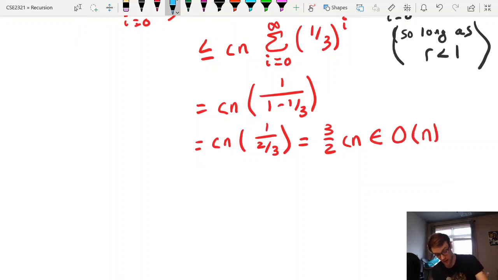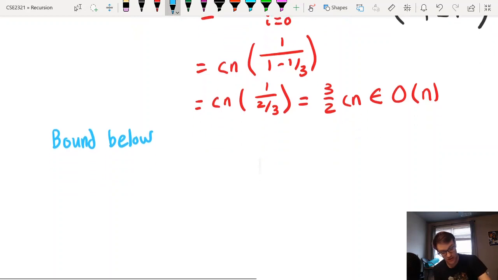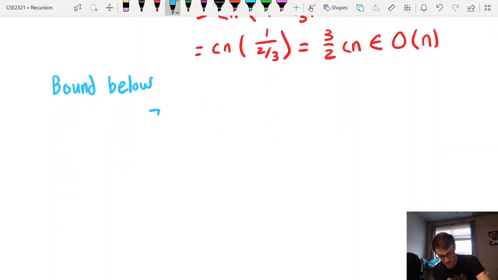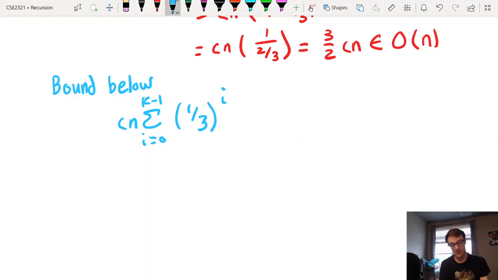We need to bound it below. To do that, we take the sum from i equals 0 to k minus 1. Maybe we even start with the cn out front and write it as a third to the i to save ourselves some pain. All of those simplifications work regardless of how we're bounding it.